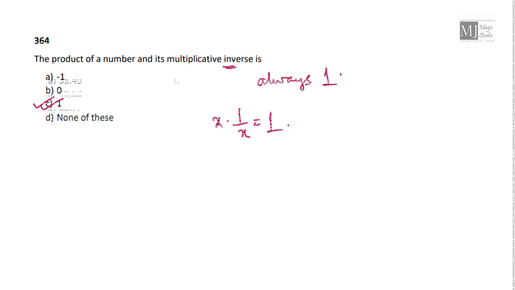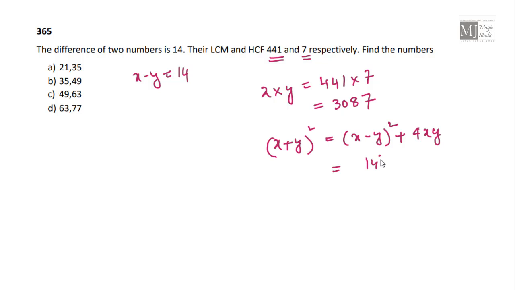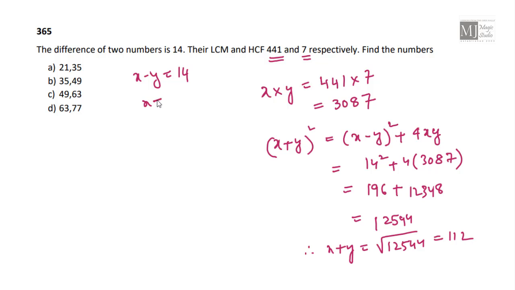Option C fits in. The difference of two numbers is 14. X minus y is 14. Product of the two numbers is LCM into HCF, that is equal to 112.